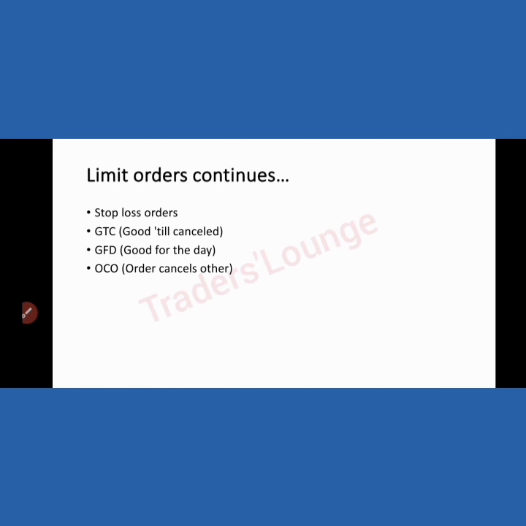So when I place this, if the market fires up, then the one that is below is going to quit. And if it fires down, the one that is up is going to close. That is order cancels order. So both of them cannot remain active. The only thing that can make the two of them active is if the market first comes up, picks the one that I set up, then turns back downward and picks the second one that I have down.